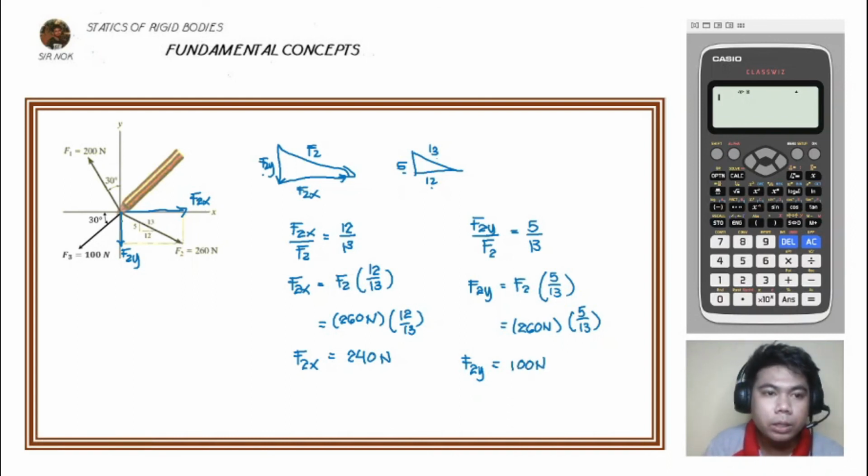So F2y is downward, so that is negative 100 newton. So the x and y components of force 2 is 240 newtons and negative 100 newtons respectively.